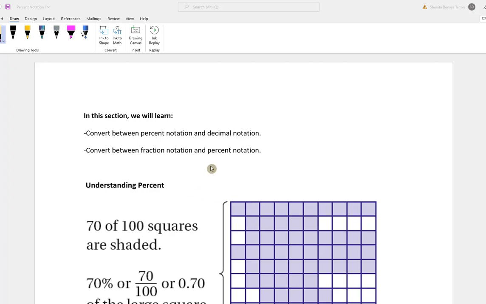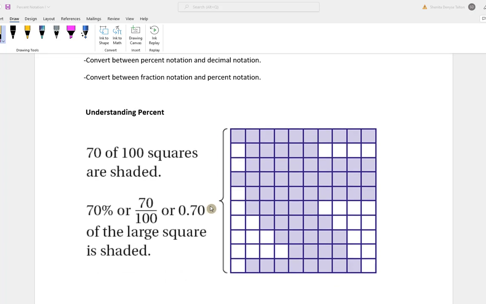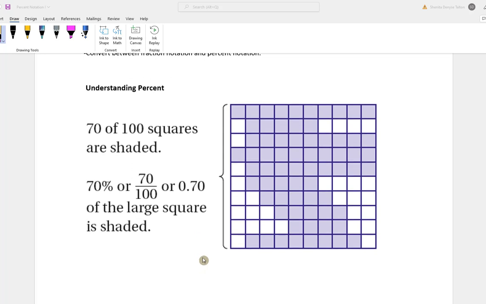In this section, we will learn about converting between percent notation and decimal notation, and converting between fraction notation and percent notation. So the first thing we need to understand is, what is a percent? When you think of a percent, you think of X amount out of 100. So if you have 70 of 100 squares shaded, that's 70 out of 100.